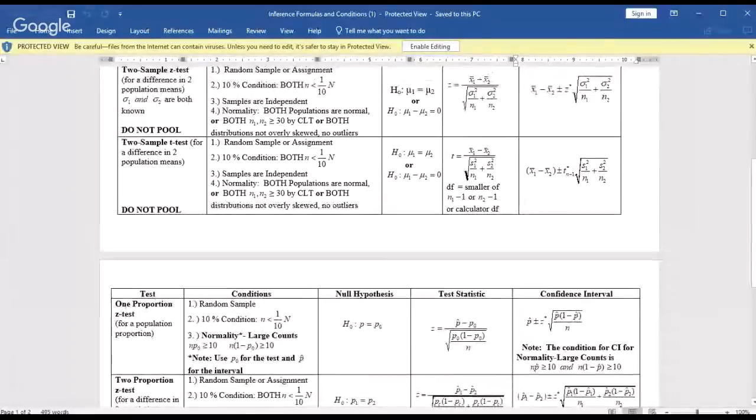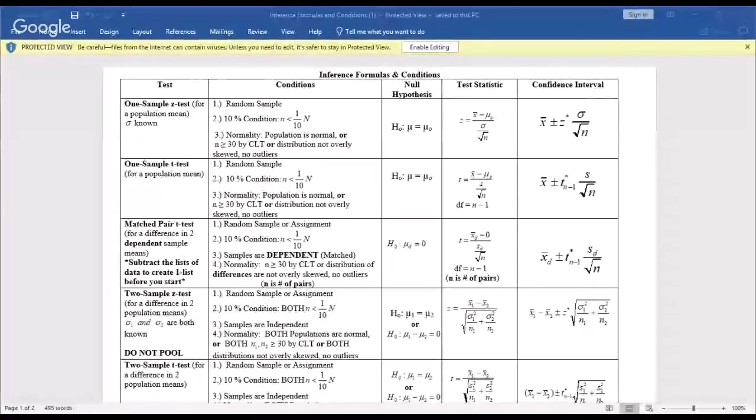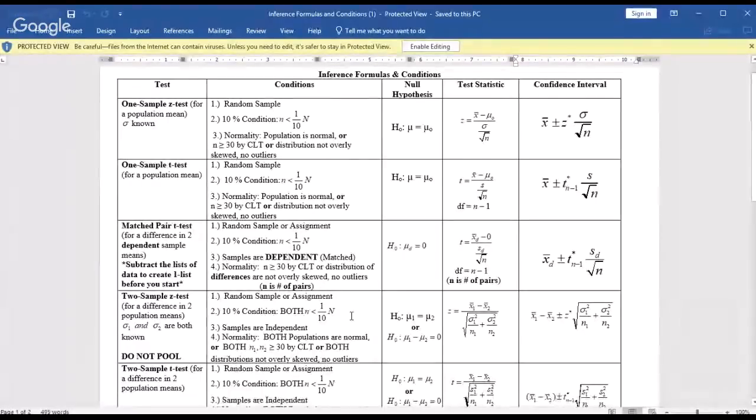I guess I'll pull it up. Yeah, there are your conditions.